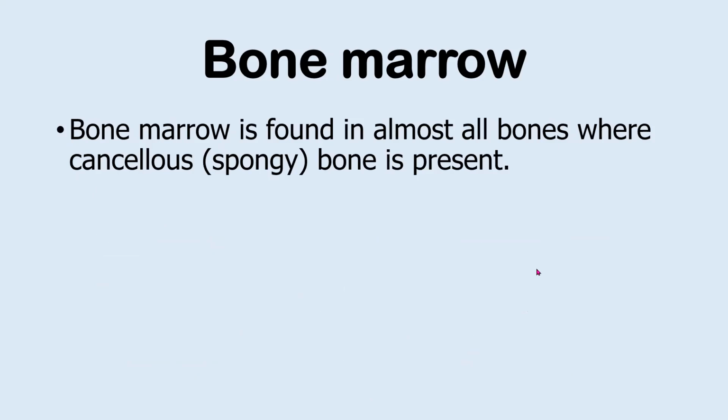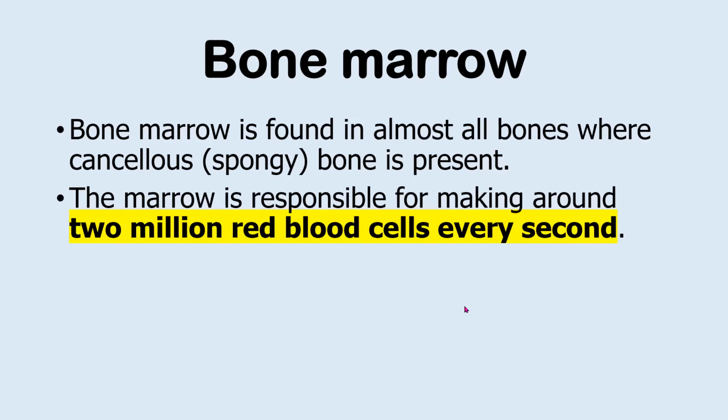Now, the marrow itself is in most bones, not all bones have that, where the spongy bone is present, called cancellous, not cancer, cancel. So it looks spongy. And it's responsible for making about, get this number, 2 million red blood cells every second.